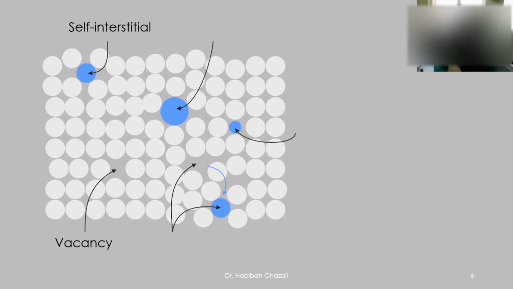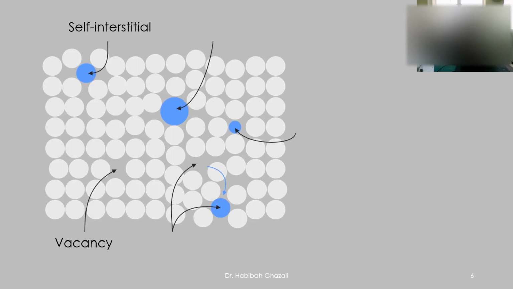Or, for example, we have impurity atoms. So instead of the host material sitting at that lattice point, we have another atom that does not belong to this crystal structure. So it is an impurity atom.